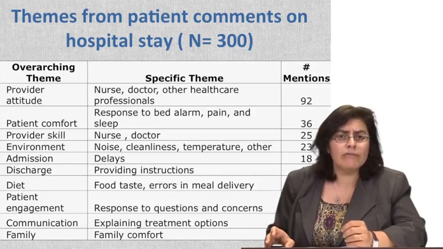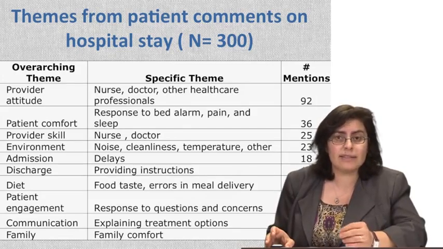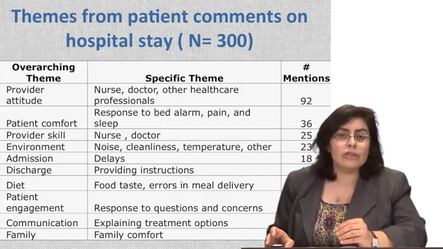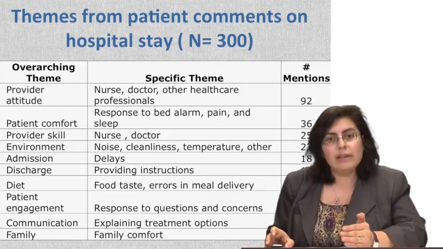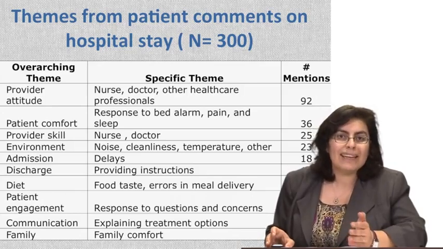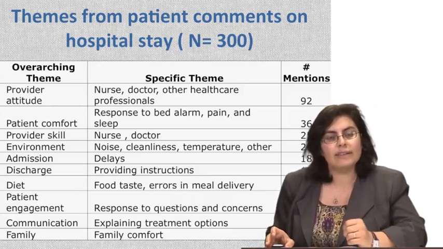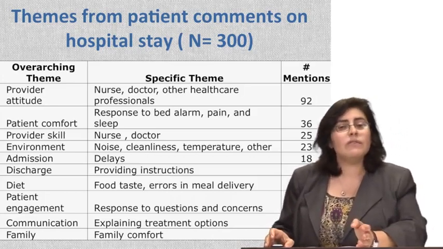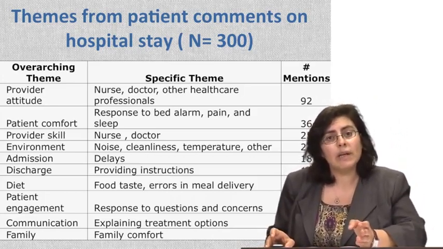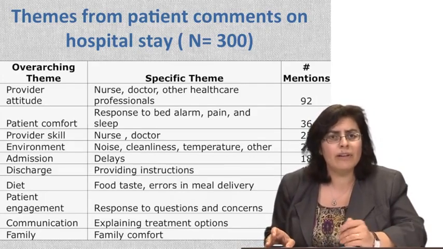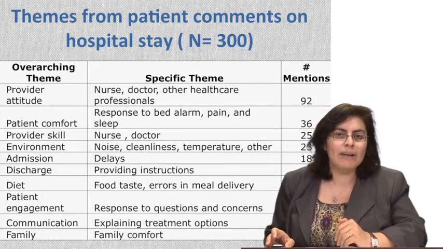They also frequently mentioned the discharge process and how good or bad they felt, depending on how well instructions were given to them, whether they really knew what to do, whether they really knew their medications, for example, what to watch out for, how to take care of that particular wound they've got. They also mentioned things around food, especially if they're staying in the hospital for quite some time, whether their food was hot or cold, and whether it tasted terrible or good.